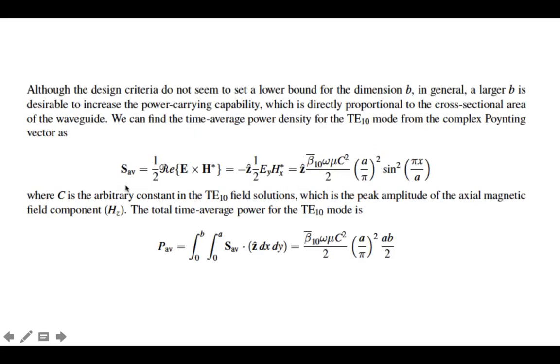Now, the design criteria don't set a lower bound for the dimension B. The larger B becomes, the more power carrying capability you have.